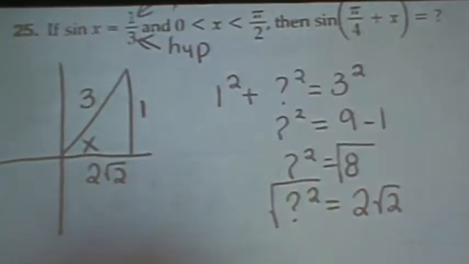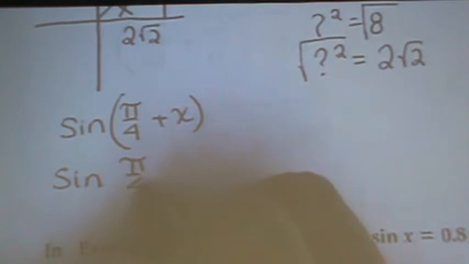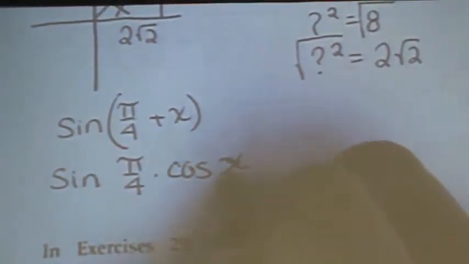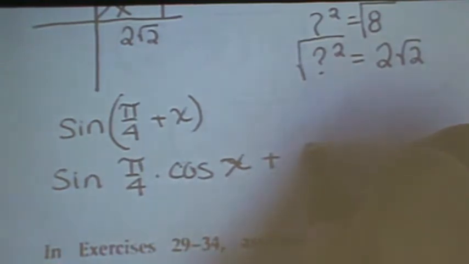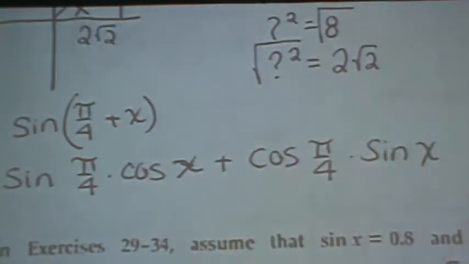So how do you read this identity? It's the sine of the first angle, so pi over 4 plus x. So it's the sine of the first angle times the cosine of the second angle, plus the cosine of pi over 4 times the sine of the second angle.